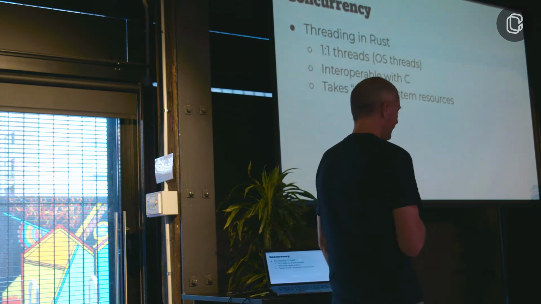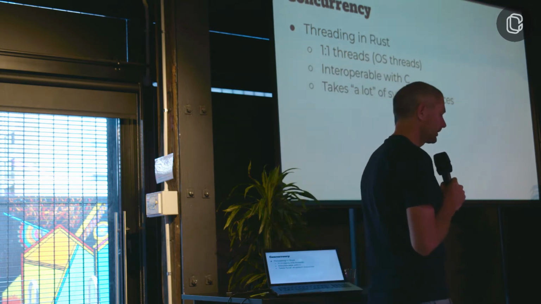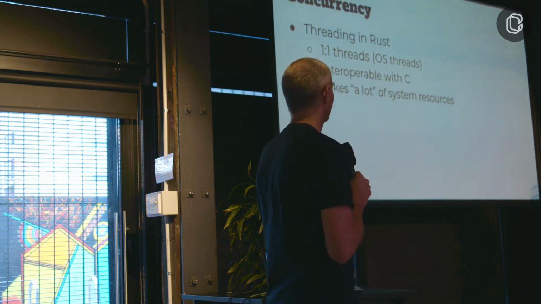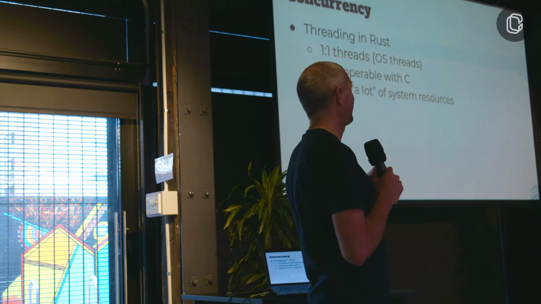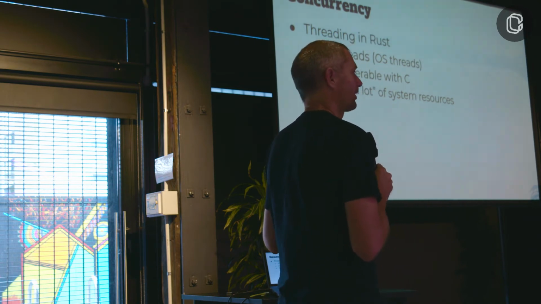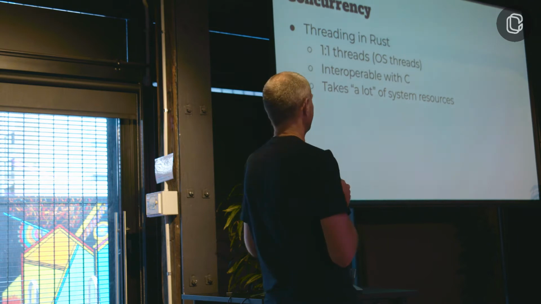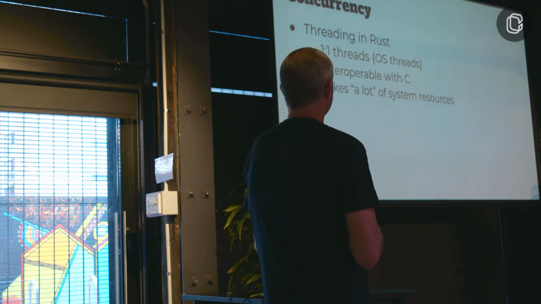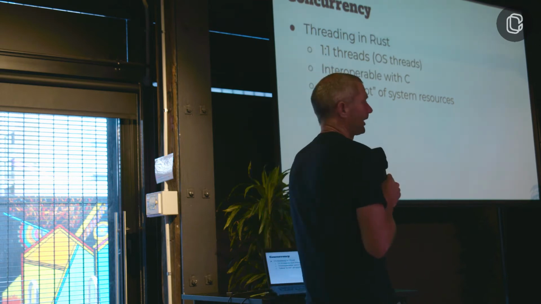Rust started quite some years ago, and its threading model evolved a lot. There's actually a very interesting video which I'll link to, where a guy goes through the history of the threading model in Rust and why they ended up going with what's called OS threads.